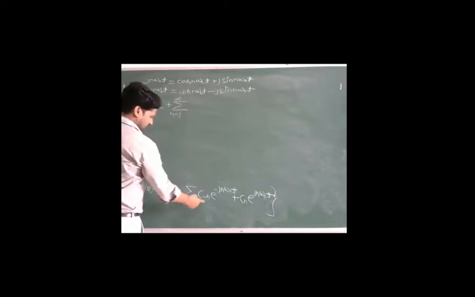x(t) is equal to c naught plus sigma n is from 1 to infinity.